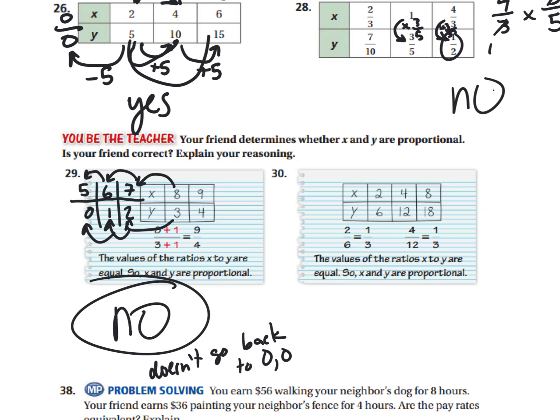All right. For this one, they said the values of the ratio. So they're looking at the invariant relationship of each of these. All right. And it looks like that 2/6 and 4/12 do match up. So those two work, but we got to just make sure we check 8 over 18.